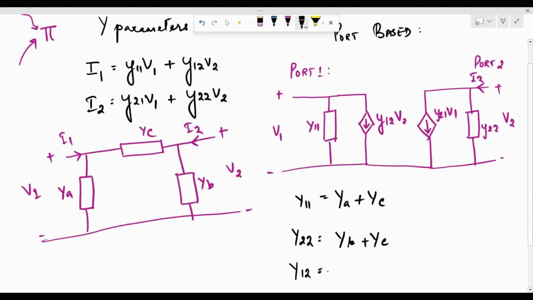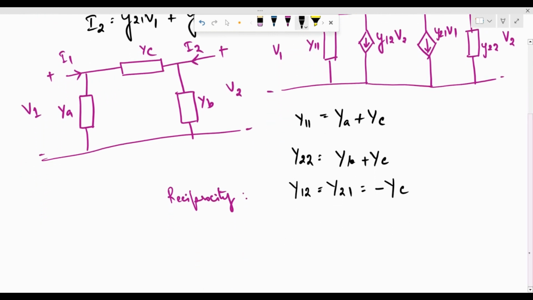Y12 is going to be equal to Y21, which is the condition for reciprocity. This is a main parameter that has to be satisfied. The circuit has to be reciprocal. Only then we can obtain the pi equivalent for it. So obviously Y12 should be equal to Y21, which is the condition for reciprocity, and here it is going to be equal to minus YC.